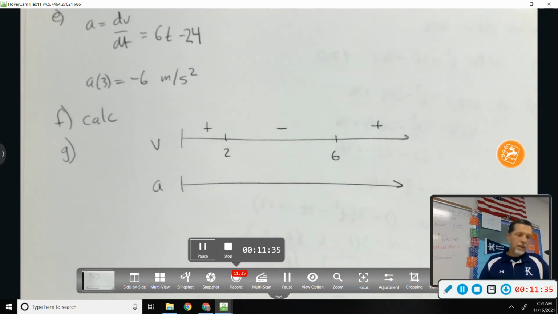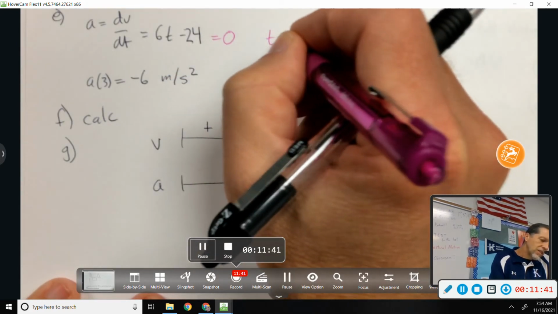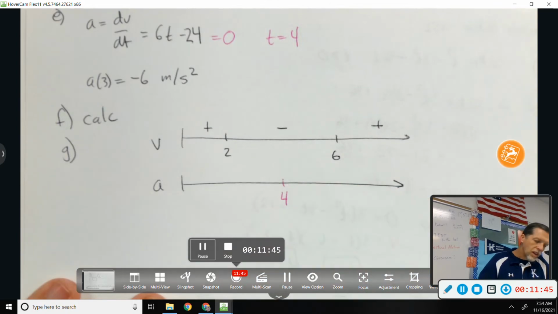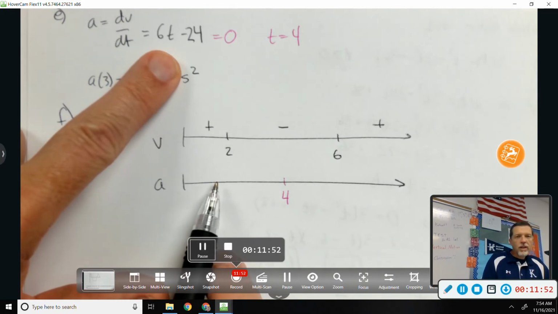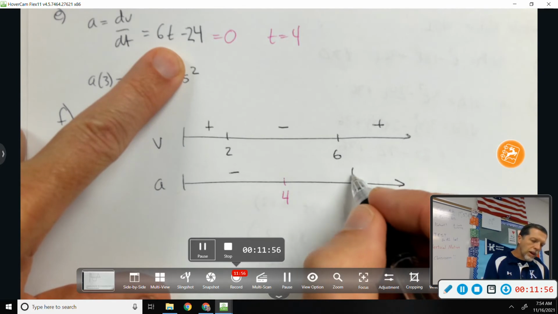What's going to be a key point for acceleration? Set it equal to 0. So at 4, let's see, less than 4. So if I plug in something less than 4, I get negative. If I plug in something greater than 4, I get positive.